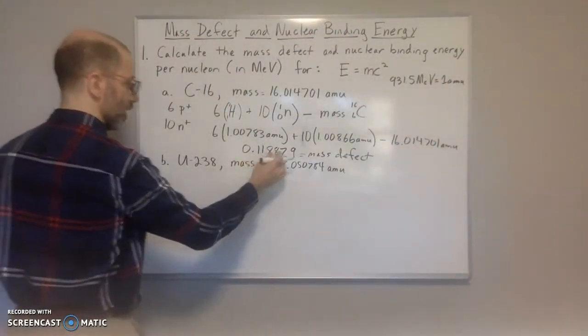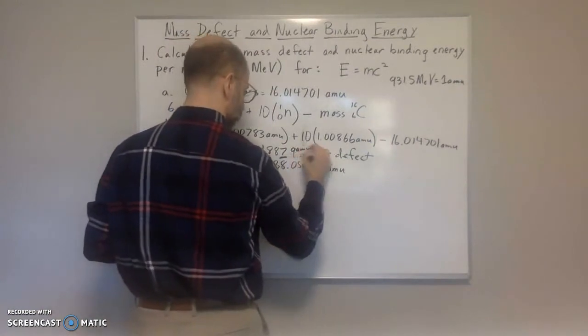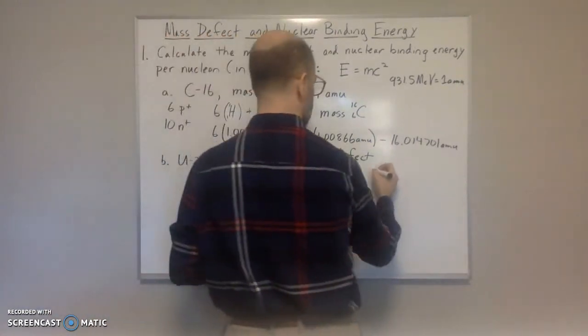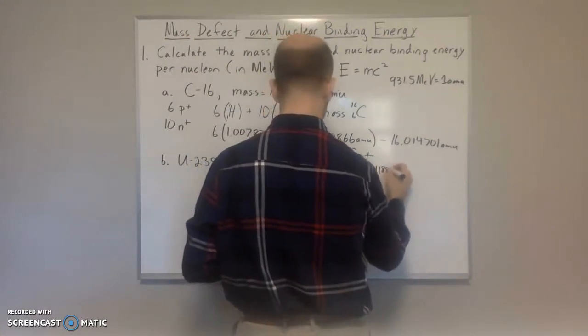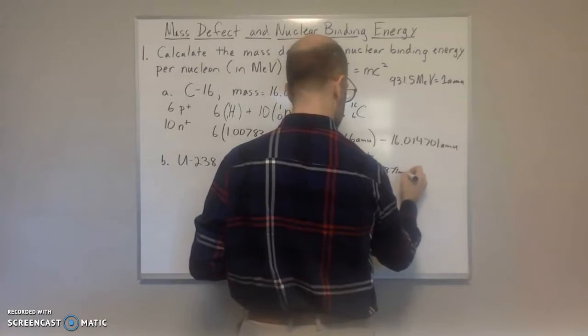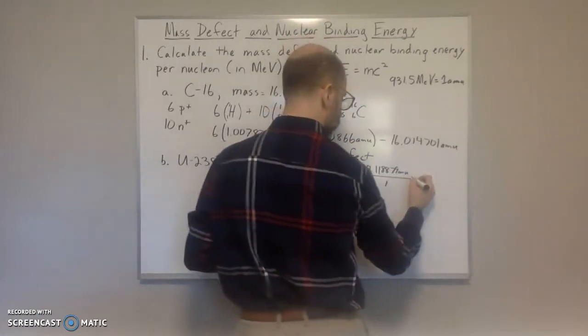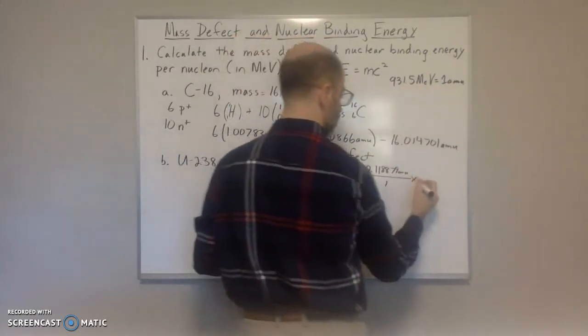So all I need to do is take this, which is in AMUs, 0.118879 AMUs, and then multiply by this conversion factor.